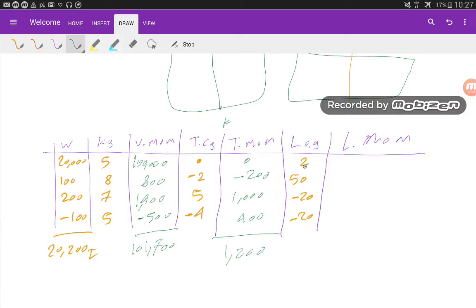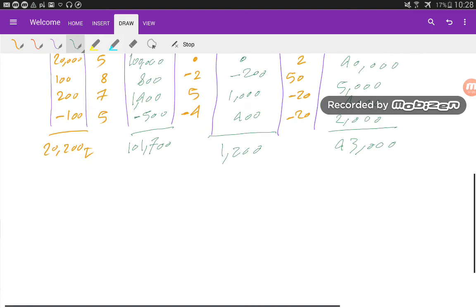Longitudinal moment: 2 meters times 20,000 will be 40,000. 50 times 100 will be 5,000. -20 times 200 will be -4,000. And -20 times -100 will be 2,000. The sum will be 43,000.